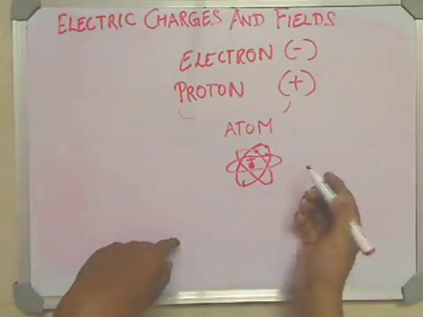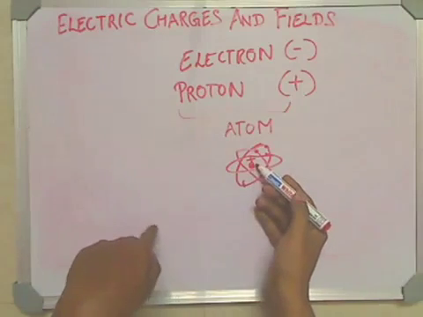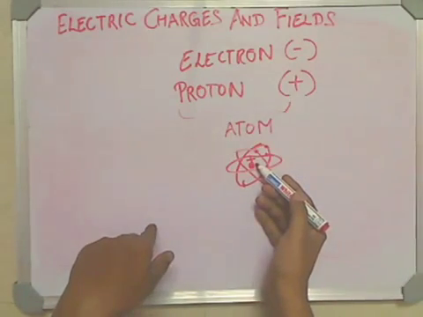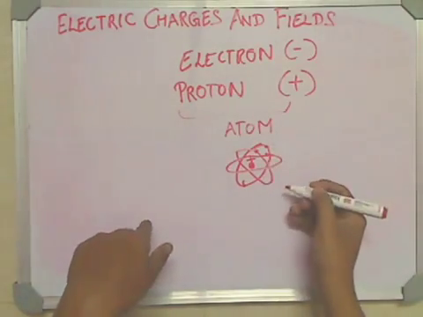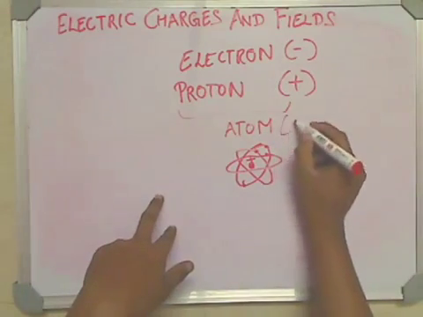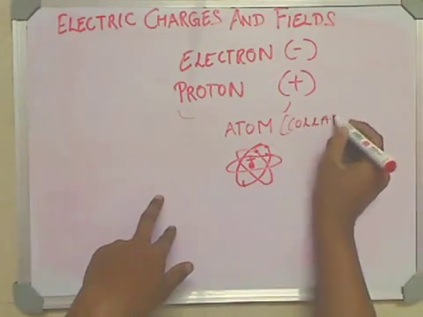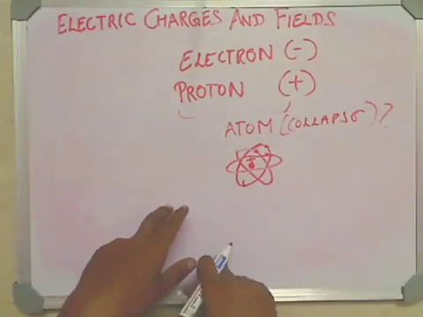Now, no one really could prove this because they had another logic. If you have a charge here which is positive and the electrons being negative, shouldn't the positive and negative attract each other and the whole atom could collapse and disintegrate? Why doesn't this happen?